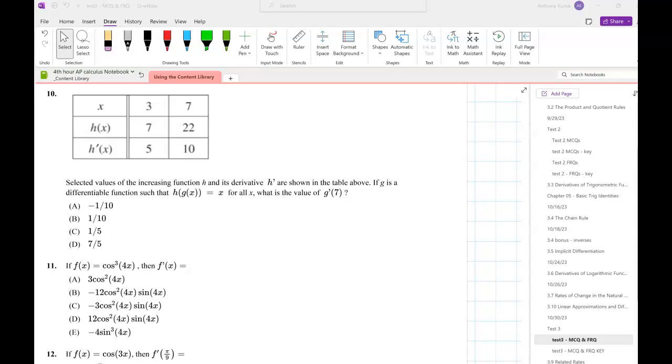Katie, what does h of g of x equals x mean? Not sure? No. Okay, start just by taking the derivative of both sides of that. Both sides. What do I do then? Just like a chain rule.